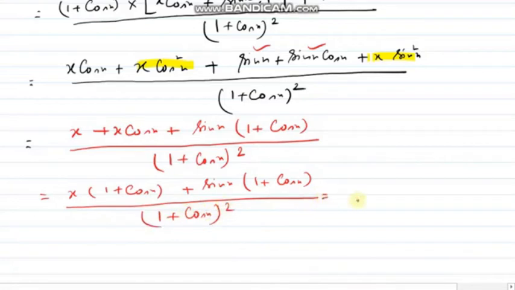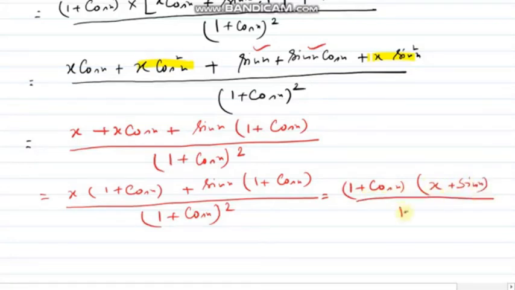So in the numerator, I can take 1 plus cos x common, giving x plus sin x, divided by 1 plus cos x whole square. So I can simplify by cancelling 1 plus cos x. This will be the final result, x plus sin x divided by 1 plus cos x.